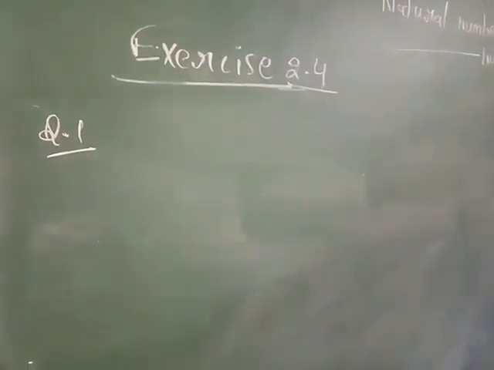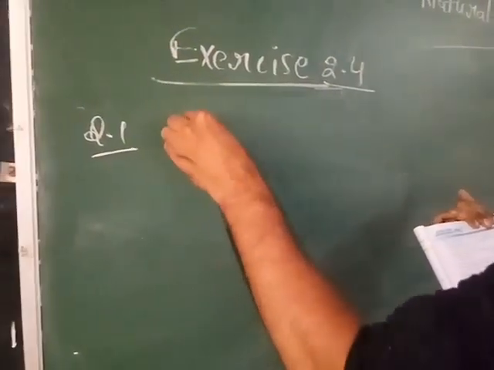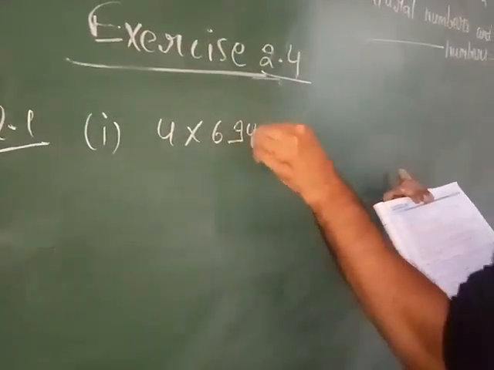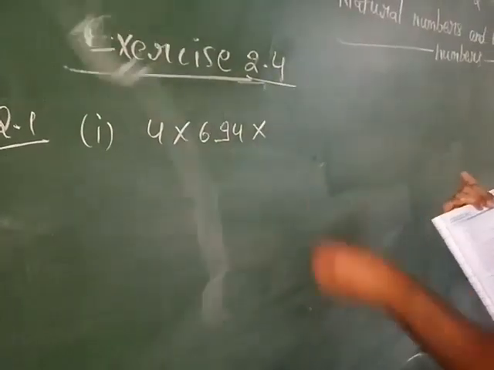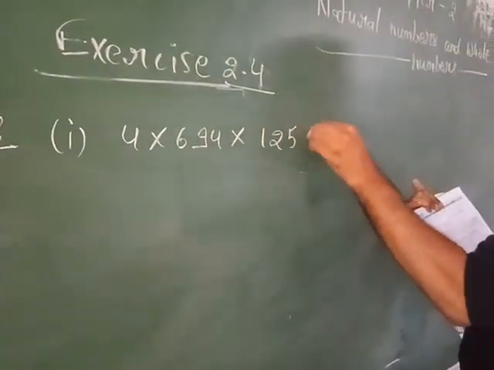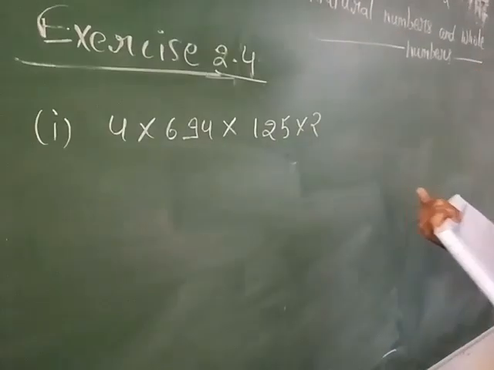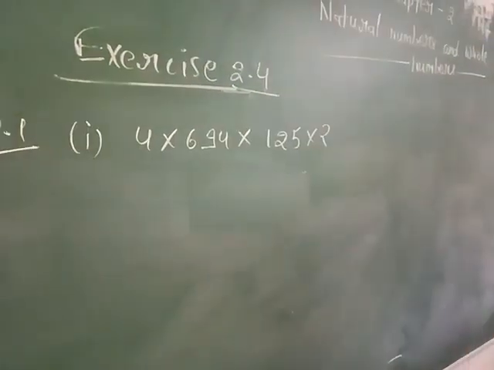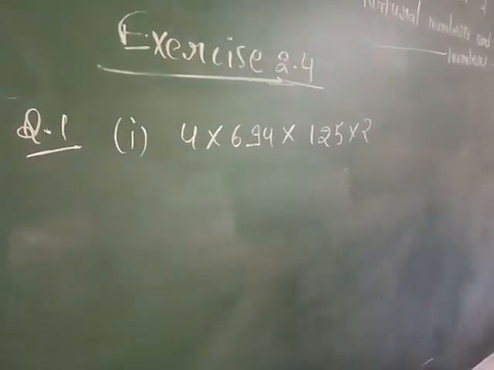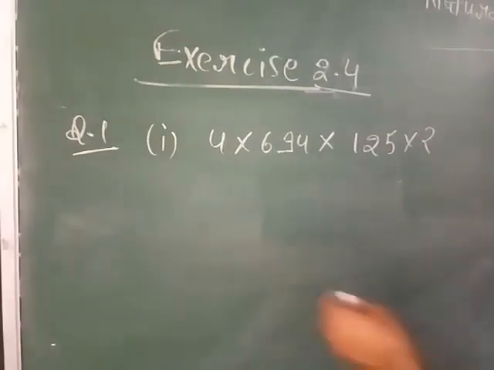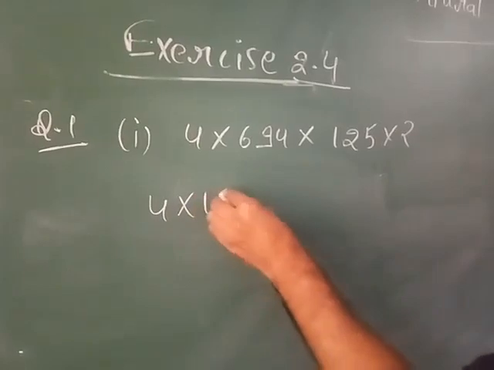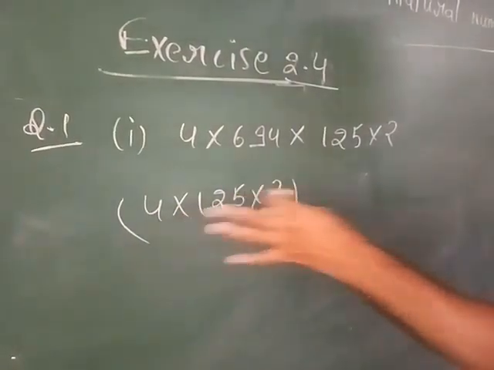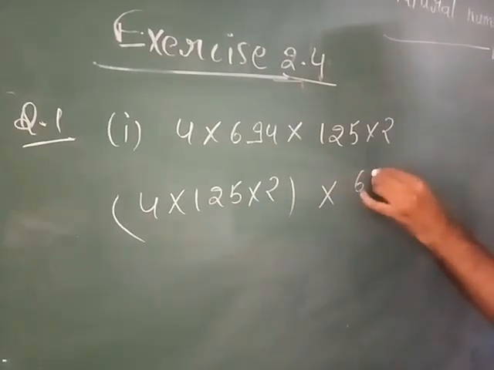In the first question, the first part is 4 multiply 694 multiply 125. So we have to find this product by the rearrangement of the numbers. We can simplify this by rearranging the numbers. So 4 multiply 125 multiply 2, these three numbers will be multiplied by 694.